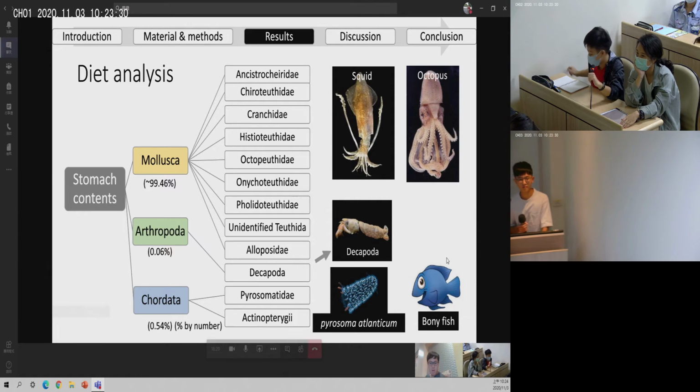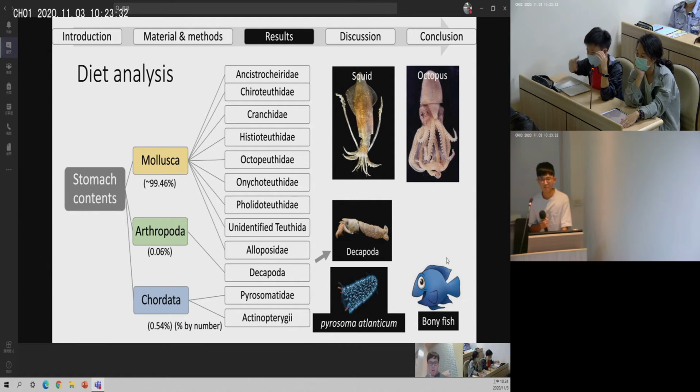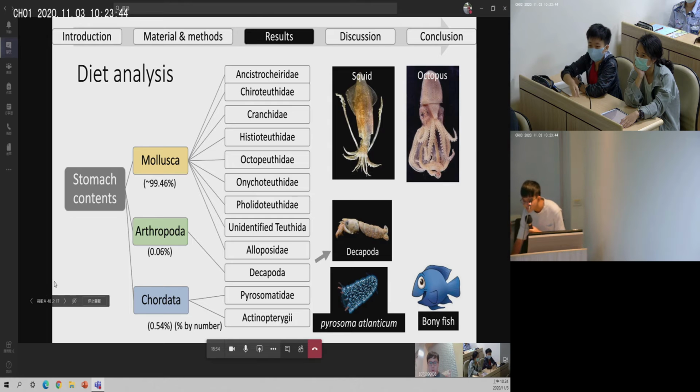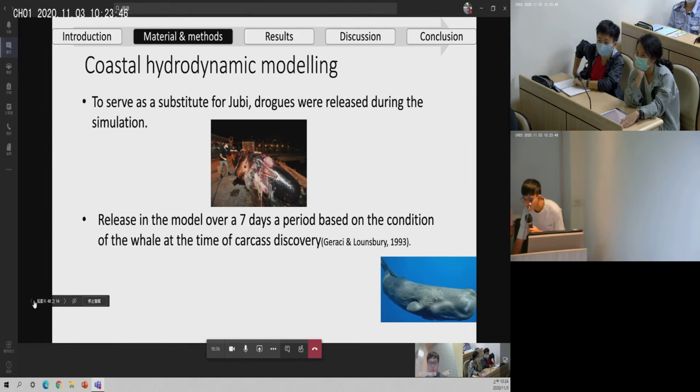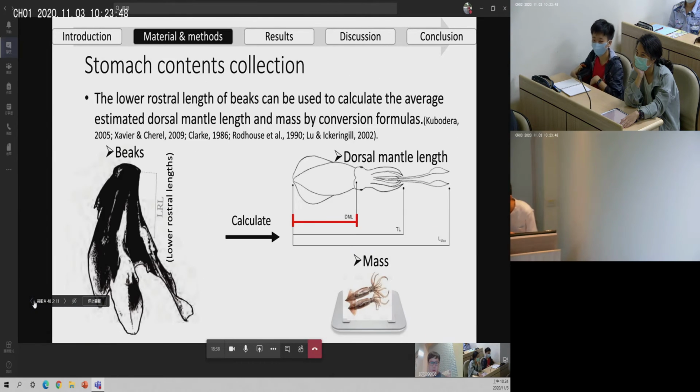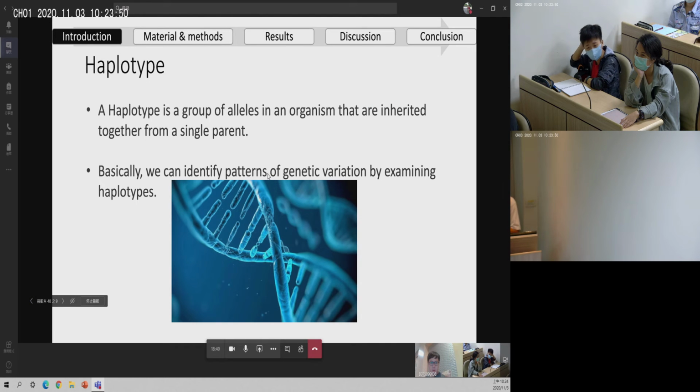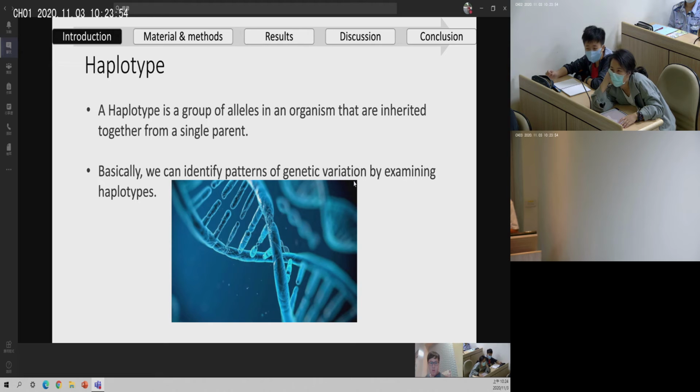Could you please explain the haplotype again? Her question is, what's a haplotype? A haplotype can identify patterns of genetic variation.